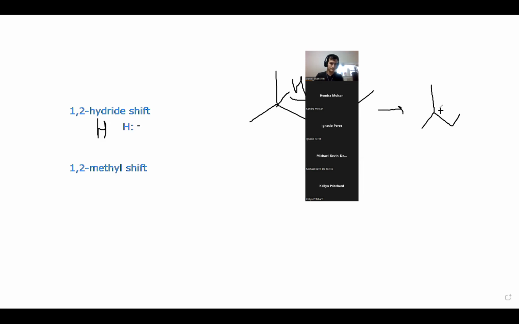Okay. All right. 1,2 methyl shift. So the first thing is it's still 1,2. It can't be 1,3. It can't be 1,4 or whatever. It has to be 1,2. Number 2, it has to be a methyl. I believe that we can sometimes get ethyl groups to do this too, but for our purposes as Orgo 1 students, that doesn't happen. Okay.